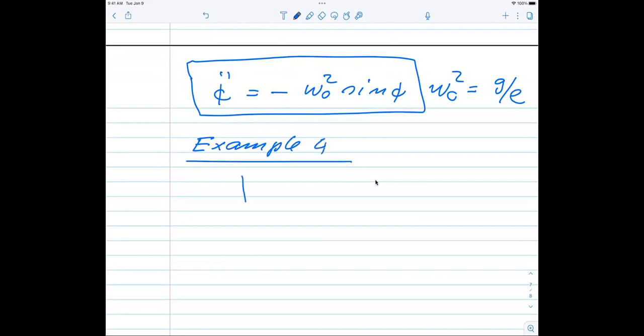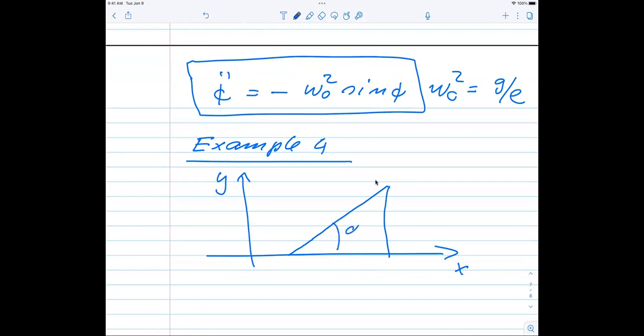So this is one of these examples which I really hate. You've probably seen this zillions of times, probably in high school, perhaps even in kindergarten. So we have the y direction, and we have the x direction, and we have an object which is sliding down on an incline here. Then we have an angle alpha, and we have an object which is moving down.